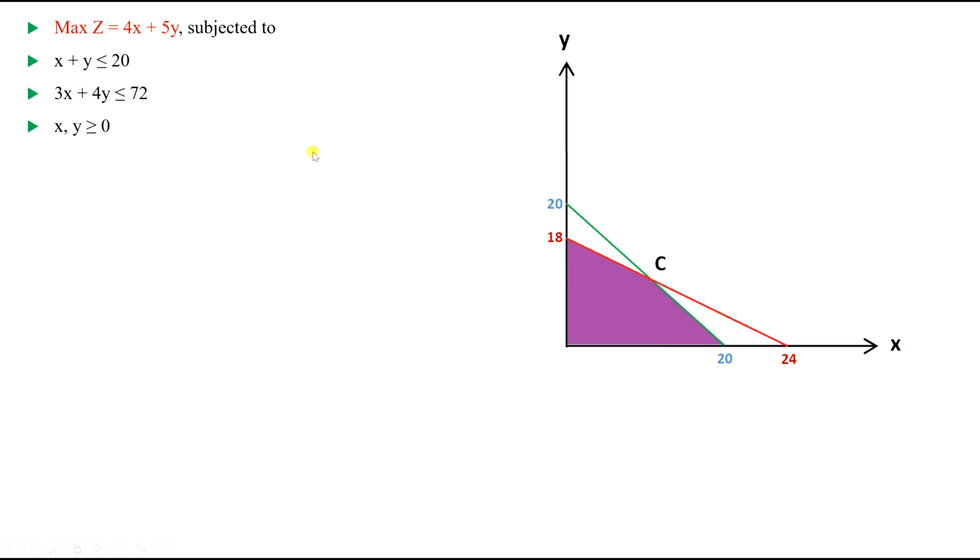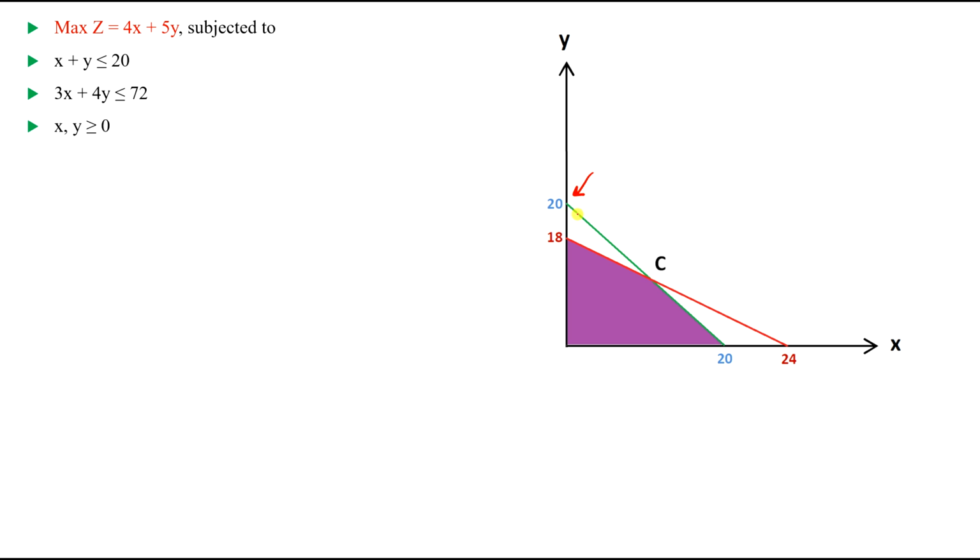Now I'm looking for something which we call the feasible region, the region which satisfies these constraints. So number 1, x, y greater than 0, it is the first quadrant as I just explained. X plus y less than 20. So we are talking about this line.